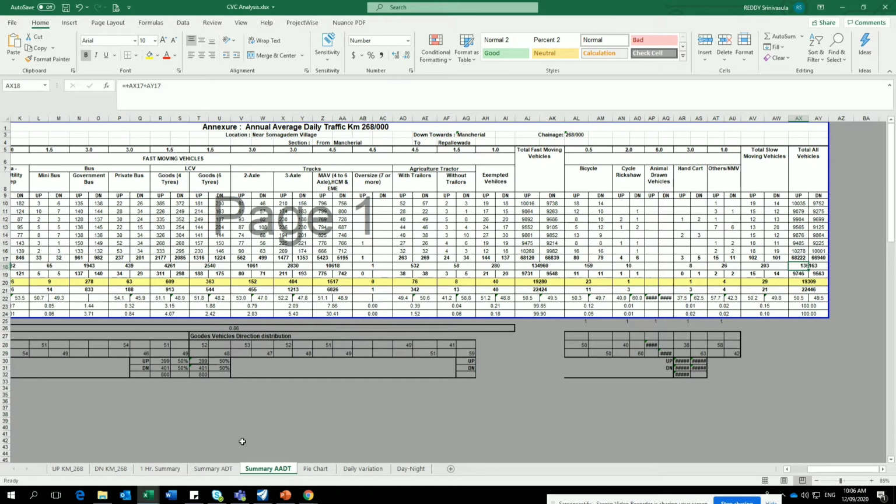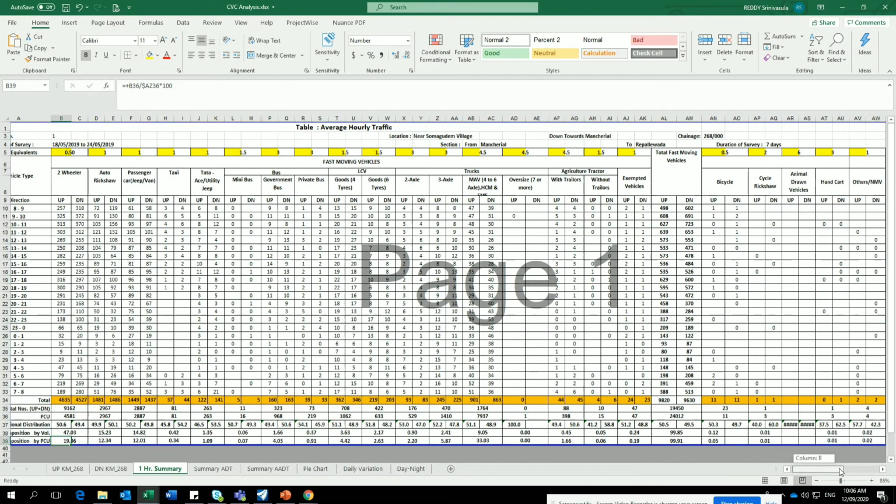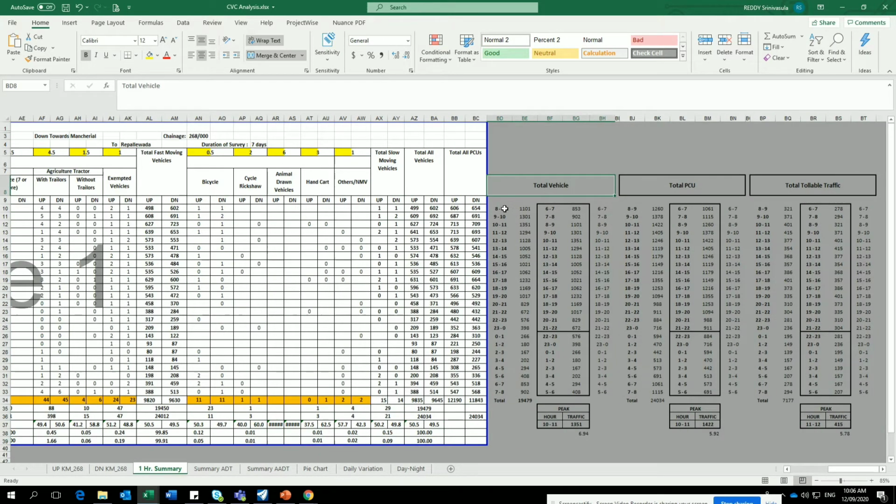One thing I want to discuss is finding the peak hour, which I forgot to explain. Whatever data you have collected must be arranged in this manner: 6 to 7 in the morning, then evening, 5 to 6.